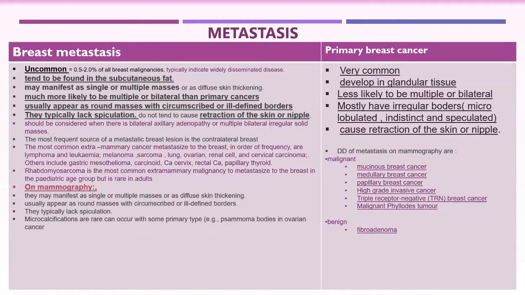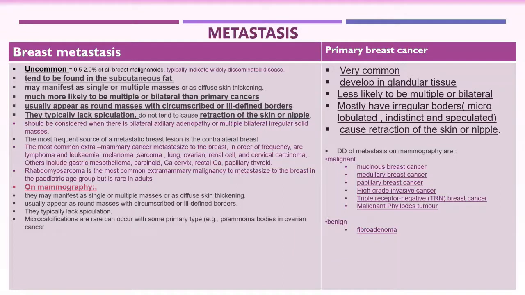The difference between breast metastasis and primary cancer: primary cancer is definitely very common, while metastasis is very uncommon, representing only up to 2% of malignancy in the breast. Metastases usually tend to be found in the subcutaneous tissue, while the primary is usually seen within the gland.